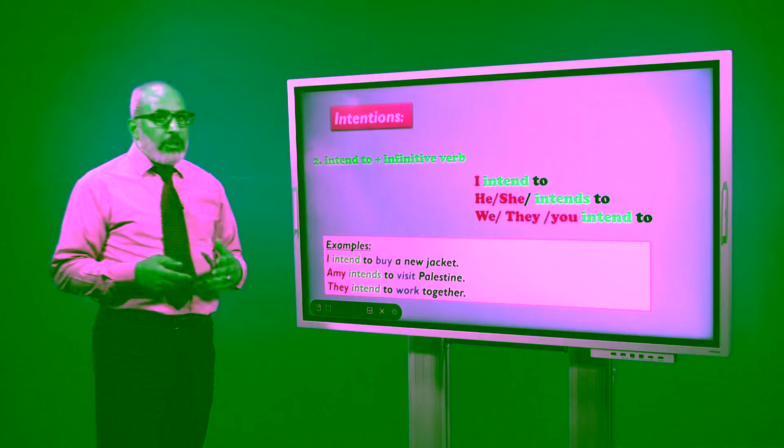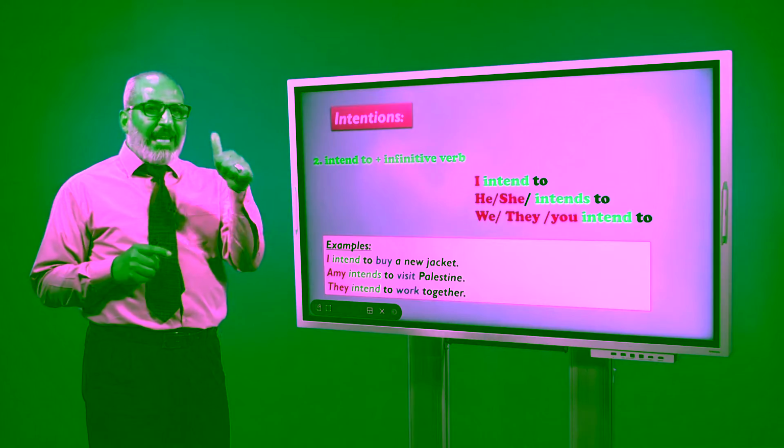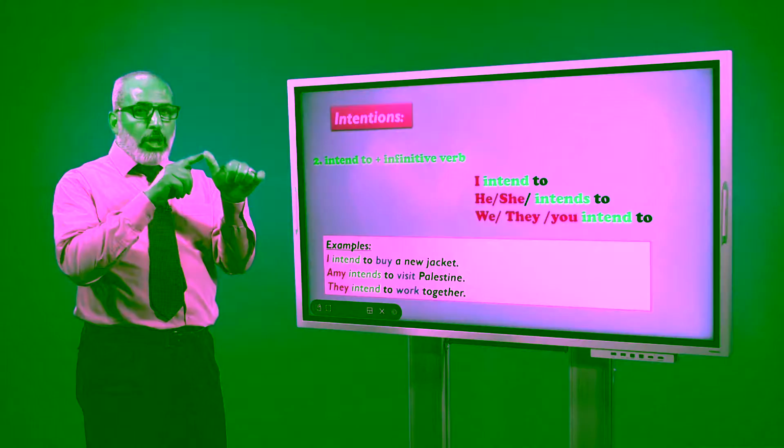Amy intends to visit Palestine. They intend to work together. So as you noticed, here we have two structures. The first one is be going to plus the infinitive form of the verb, and the second one is intend to plus the infinitive form of the verb.